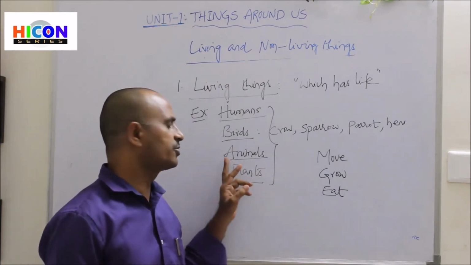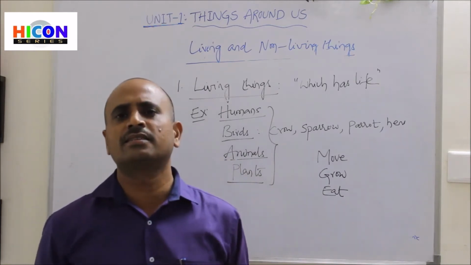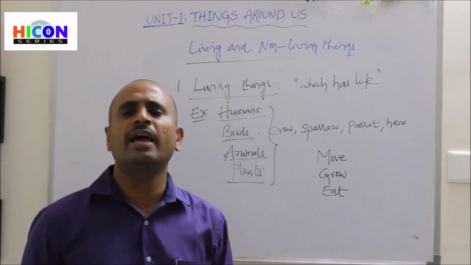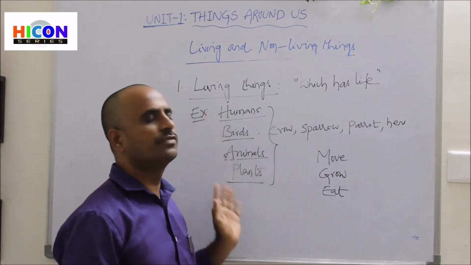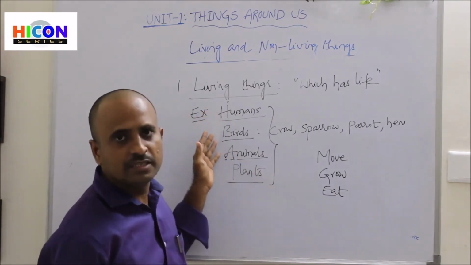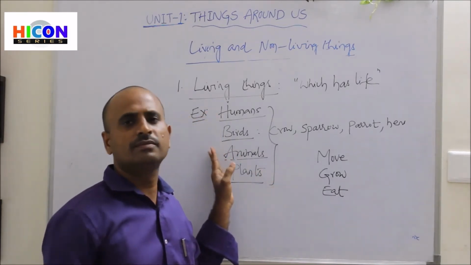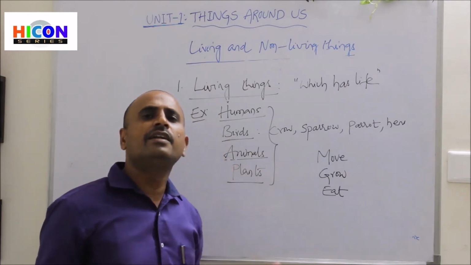Animals eat grasses, herbs, plants and also some small animals. All living things eat some food, and different things eat different types of food. If they eat food, they will get energy.